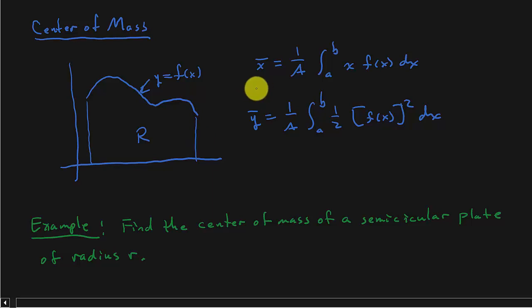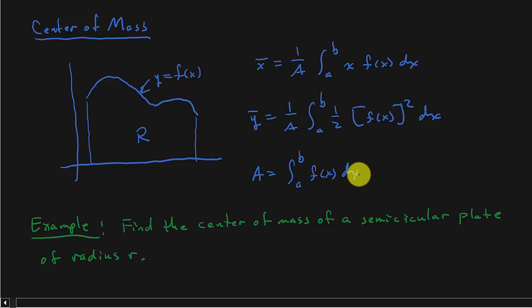So x bar is 1 over A times the integral from a to b of x f of x dx, and y bar is 1 over A times the integral from a to b of 1/2 f of x squared dx. Now what is A? A is the area under the curve, so you know how to find that. In other words, the area A is just the integral from a to b of f of x dx.